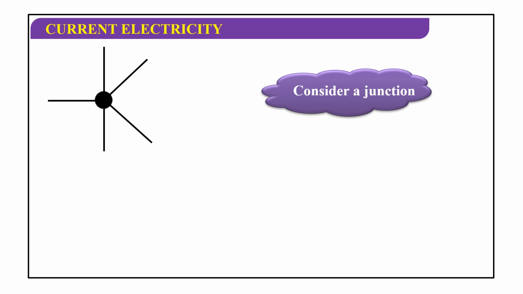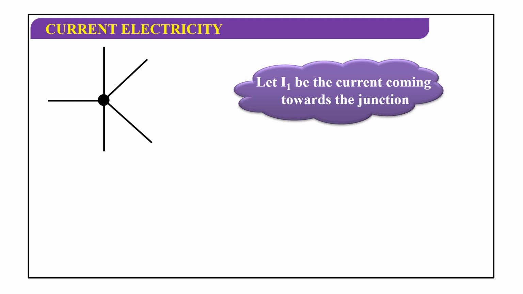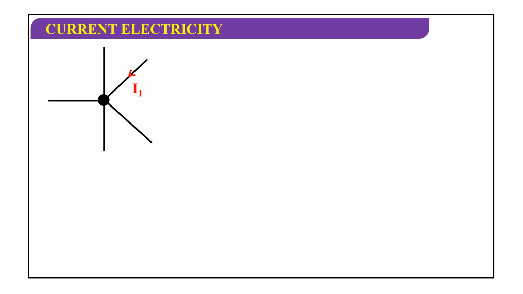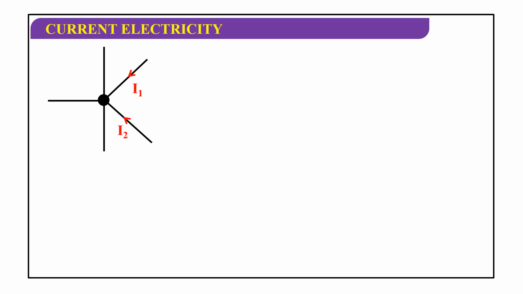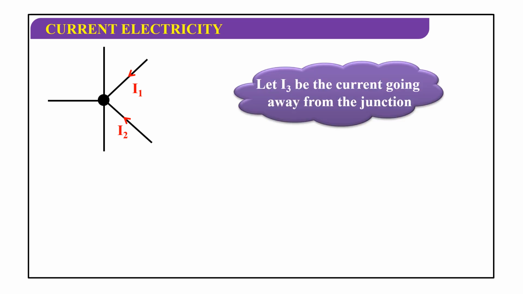Now we are considering a junction. I1 current is entering the junction. I2 current is similarly entering the junction. I3 current is going away from the junction. Note the direction.